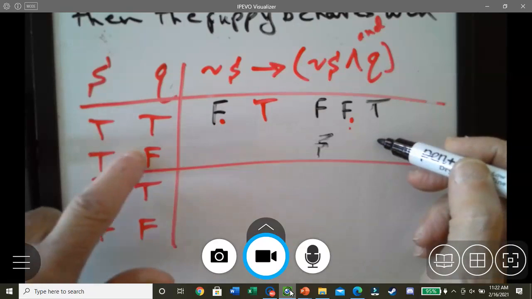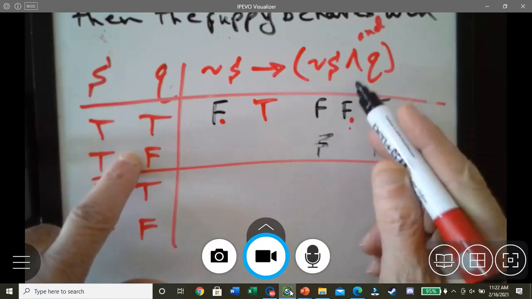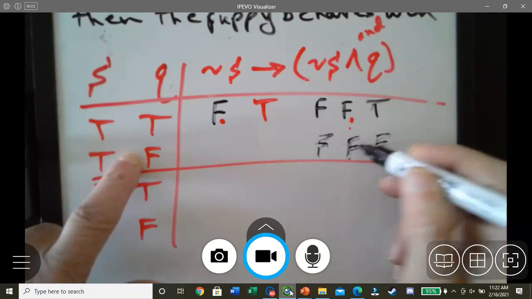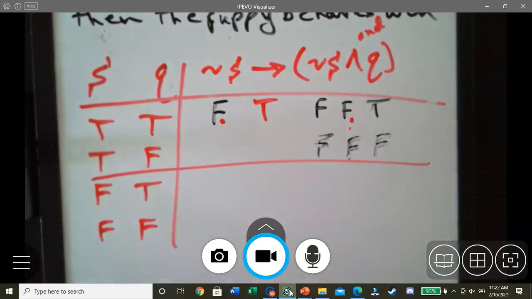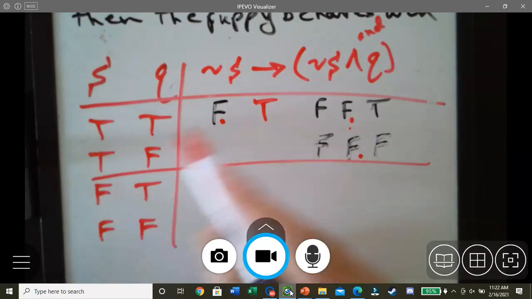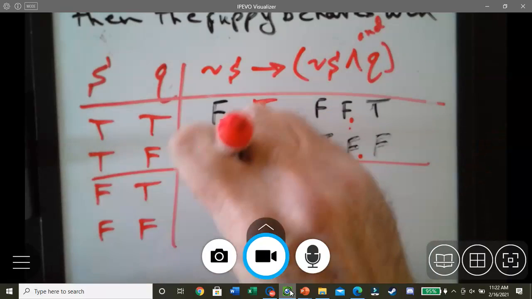Is that true or false? False. So we're saying here, false and false is false, right? Put it out there. So if S is true, then not S is false again. Oops.